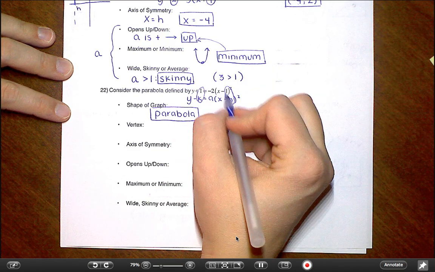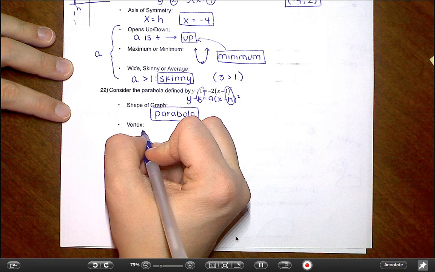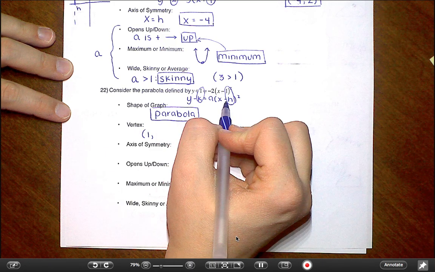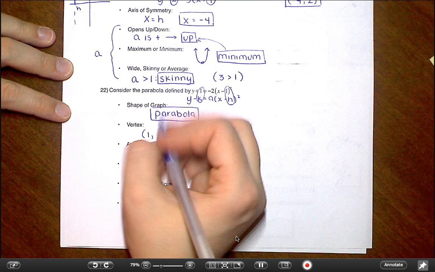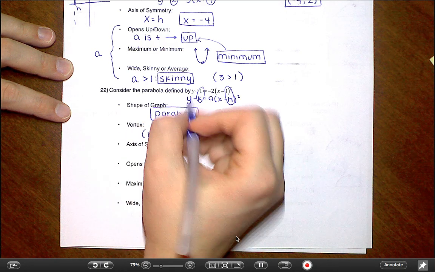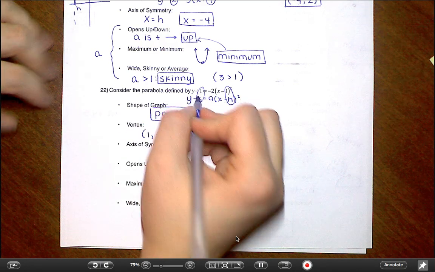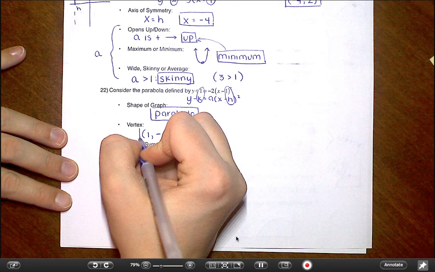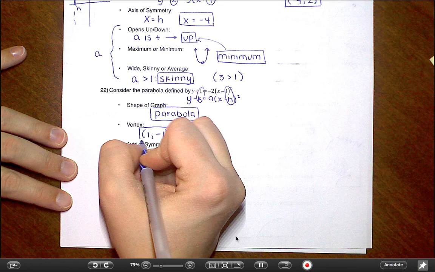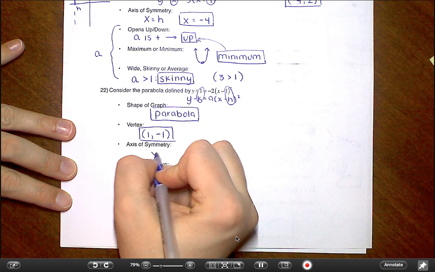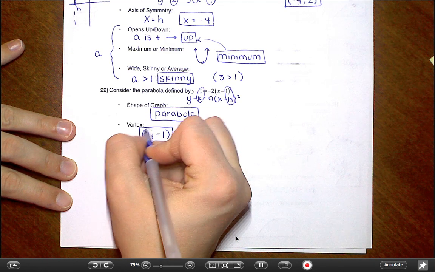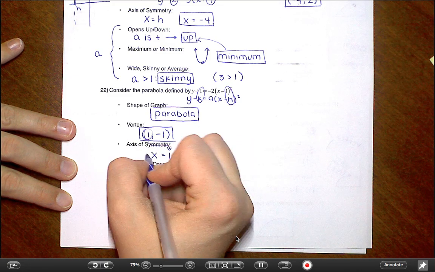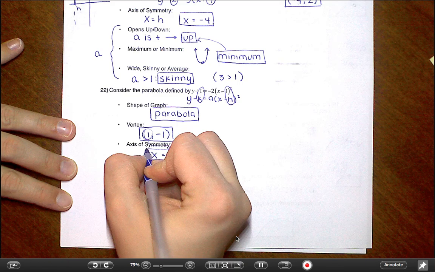Now this time my h value is just a 1 because this negative sign belongs to the equation. My k value must be a negative 1 because for this to turn positive it must have been negative when I put it in to begin with. So vertex is at 1, negative 1. That means my axis of symmetry is x equals whatever h was. Okay, so it's x equals 1 for my axis of symmetry.